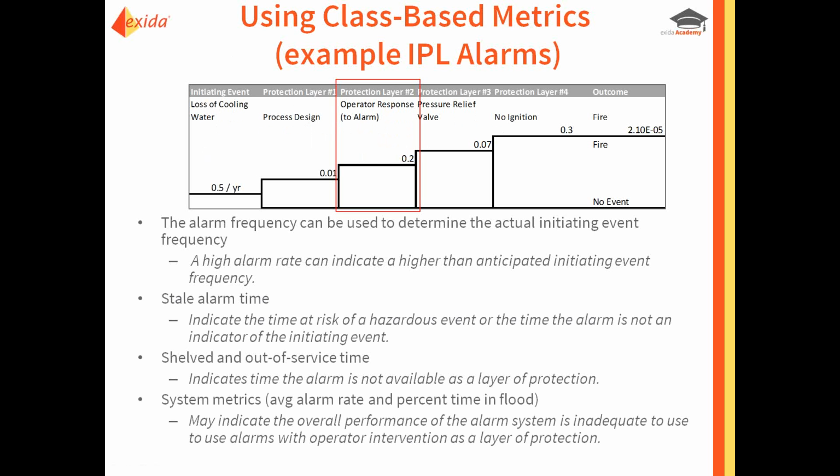You should also look at metrics from an overall point of view. If operators are receiving too many alarms, or we have a lot of nuisance alarms, then it's very likely that alarms where I'm counting on operator response to be reliable, like this protection layer number 2 here, are probably going to be compromised.